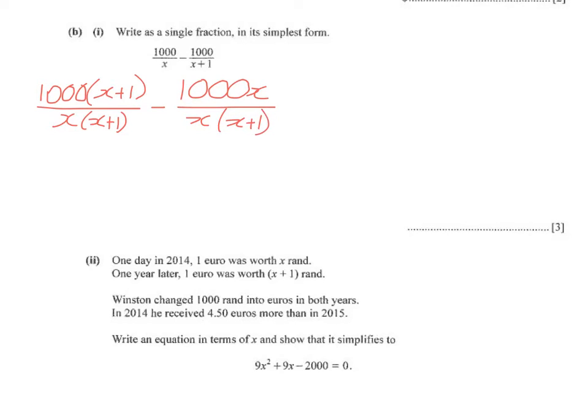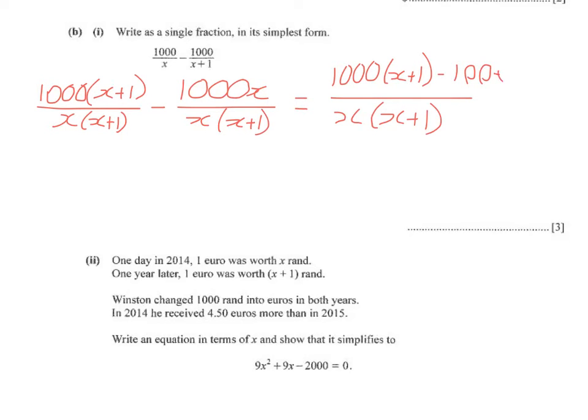Once we've got that, just like when dealing with regular fractions, we don't mess about with the denominators here. They stay the same. It's still x plus 1 on the denominator. Our numerator is going to be 1000 times (x plus 1) minus 1000x.